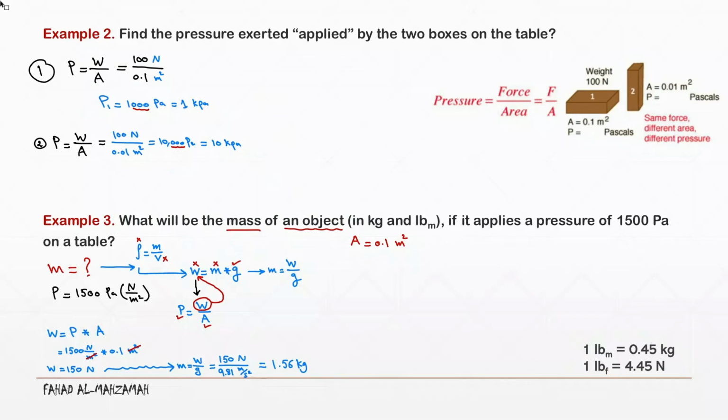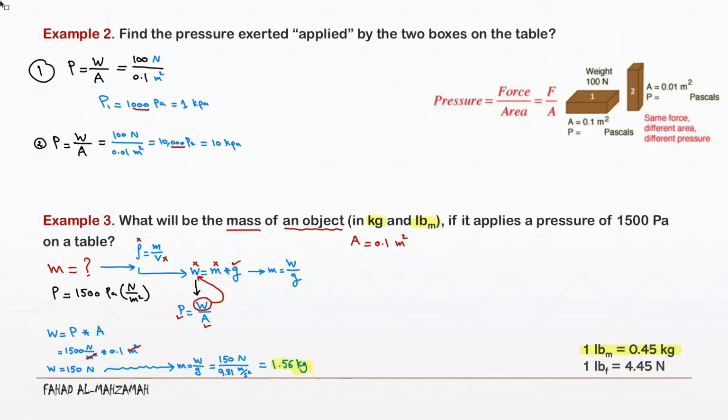Now, according to the question, you are asked to find the mass in kilogram and pound mass. So you can convert the unit of the mass using this relation.